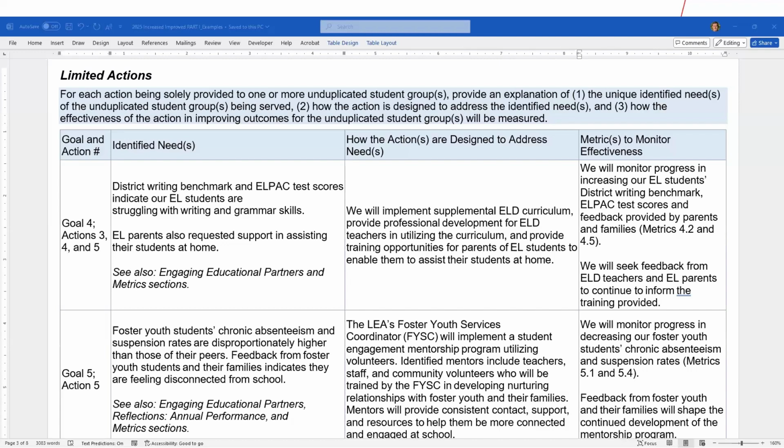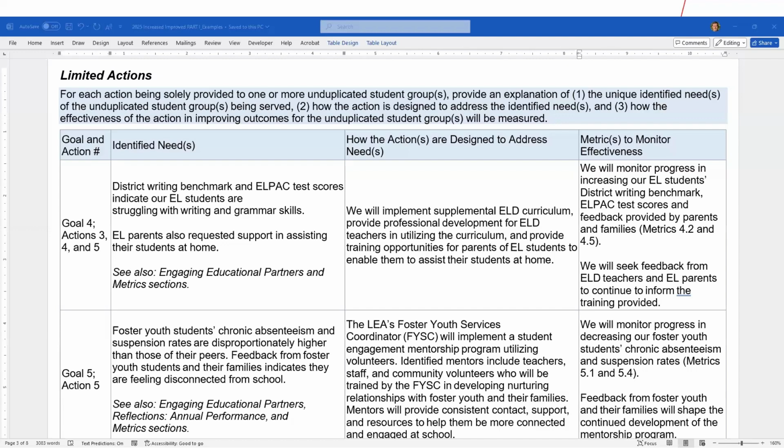So that being said, that's why there's a column here for metrics to monitor effectiveness for limited actions. So you do still need a way to monitor the effectiveness of your limited action, even though it doesn't say it very explicitly in statute the way it does for LEA-wide. I'm letting you know there is a reason there's a column there.